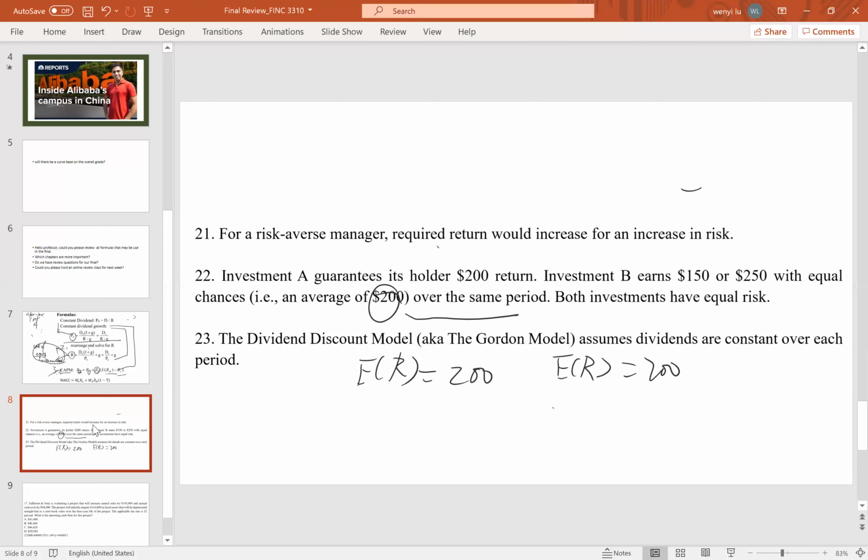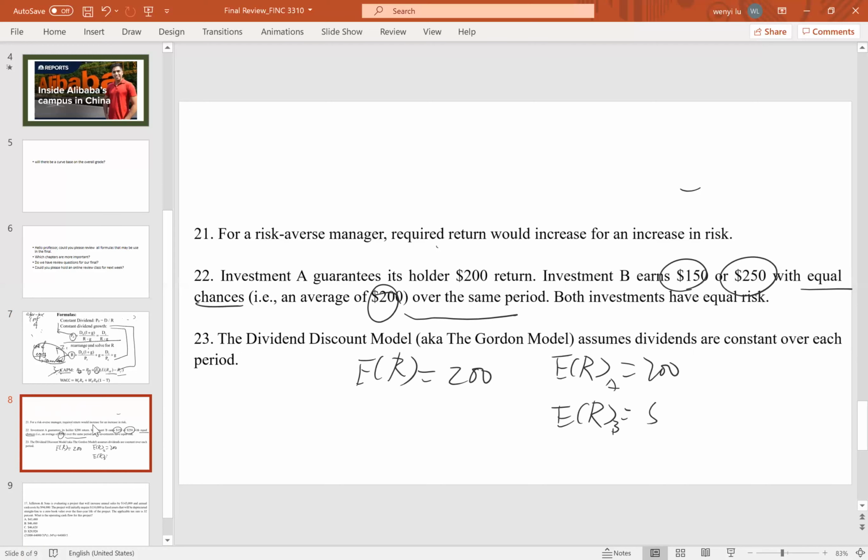For the B stock, there are two possible outcomes with equal probabilities: 50% with a $150 outcome, the other 50% with 250. If you do the calculation, it will also be 200. So both investments have the same expected return. However, the risks are not equal.